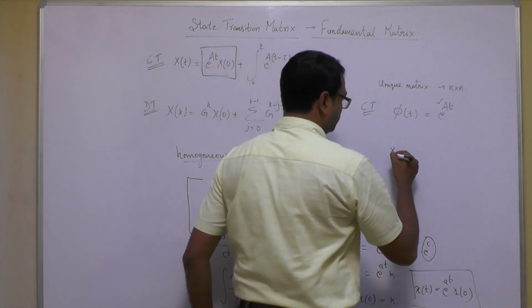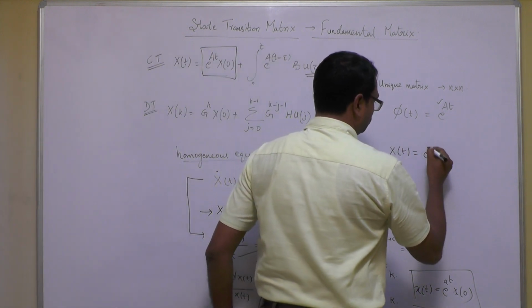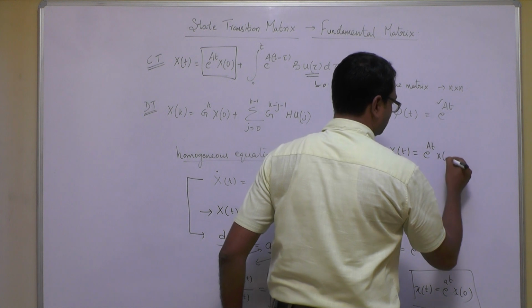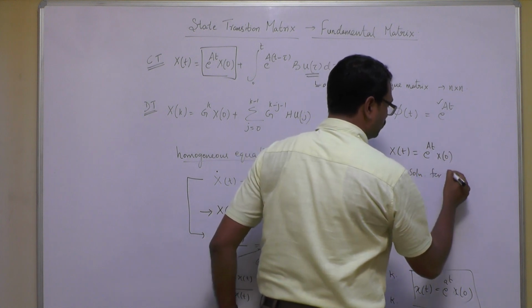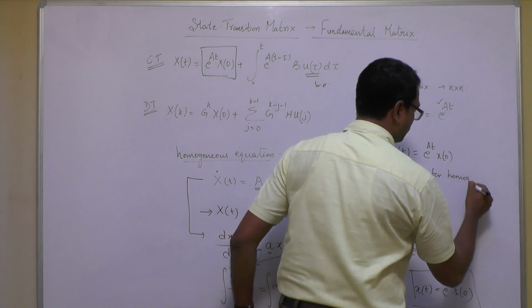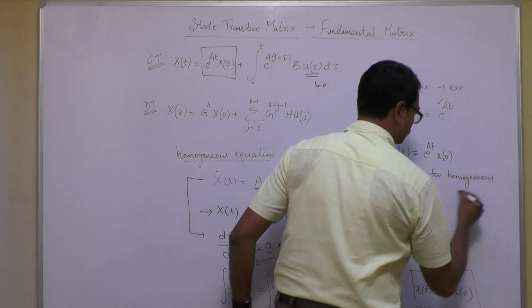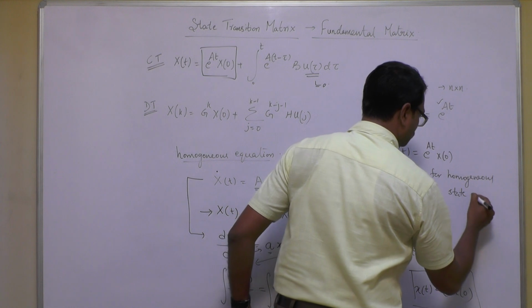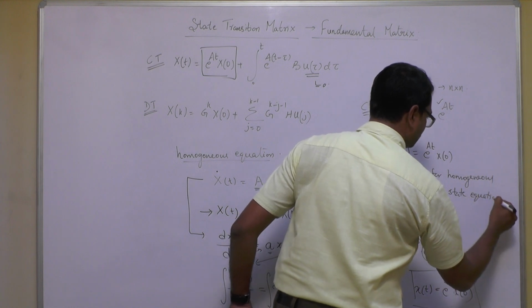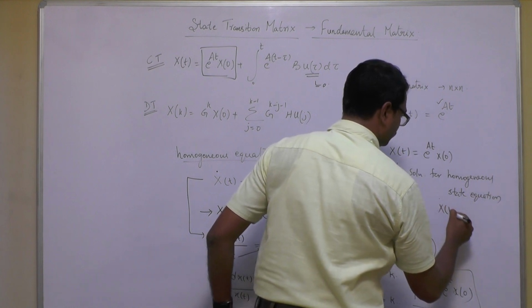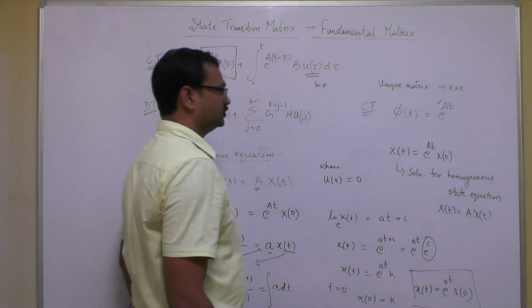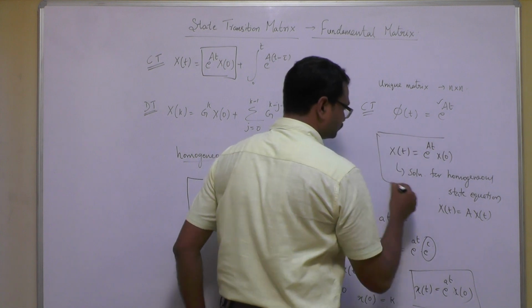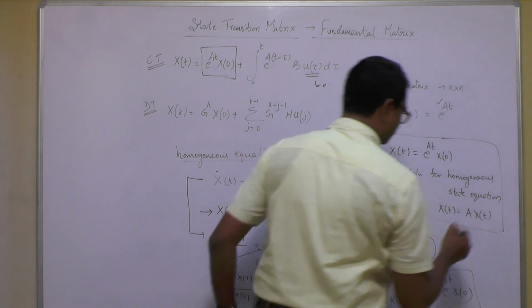This is the solution for the homogeneous state equation, x dot of t is equal to a into x of t, that we have obtained from the continuous time domain.